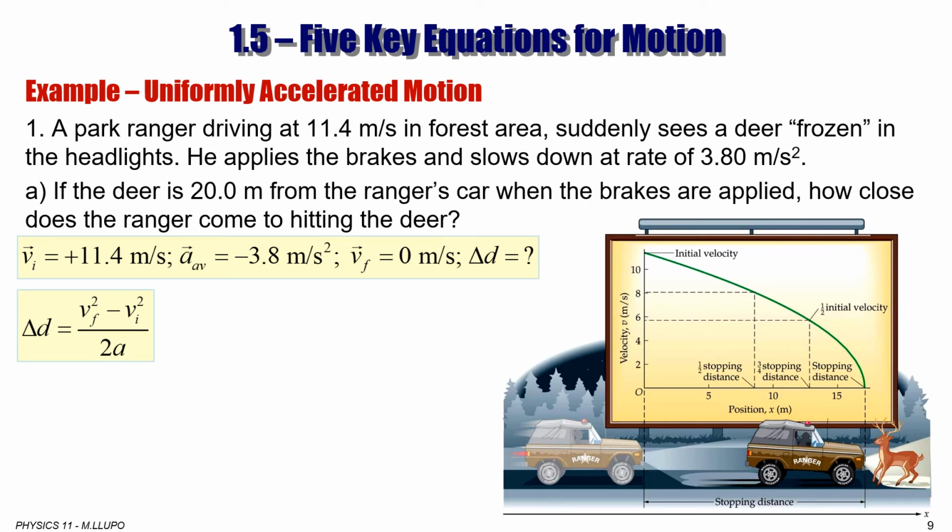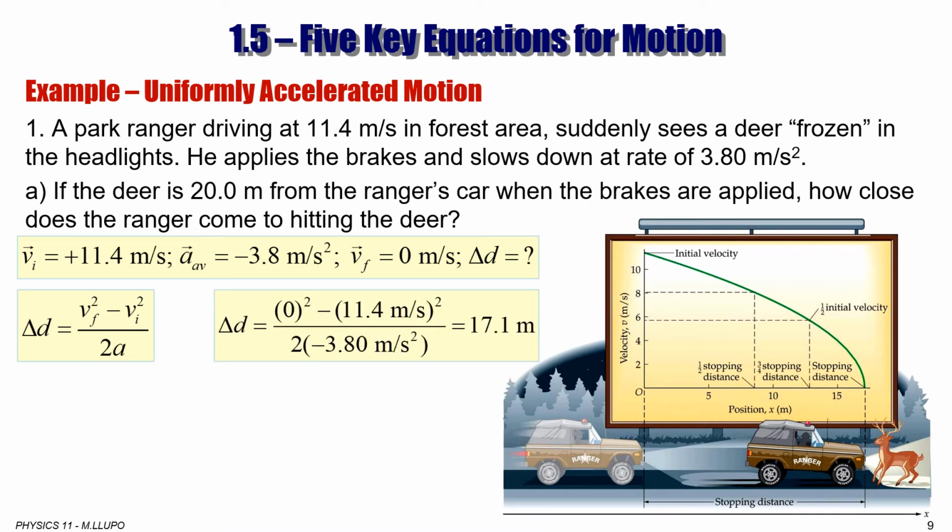We can use one of the equations because the time is not mentioned here. That means V initial is given, V final is given, and acceleration. So we can use equation number 4. That is delta D is equal to V final square minus V initial square divided by 2A.